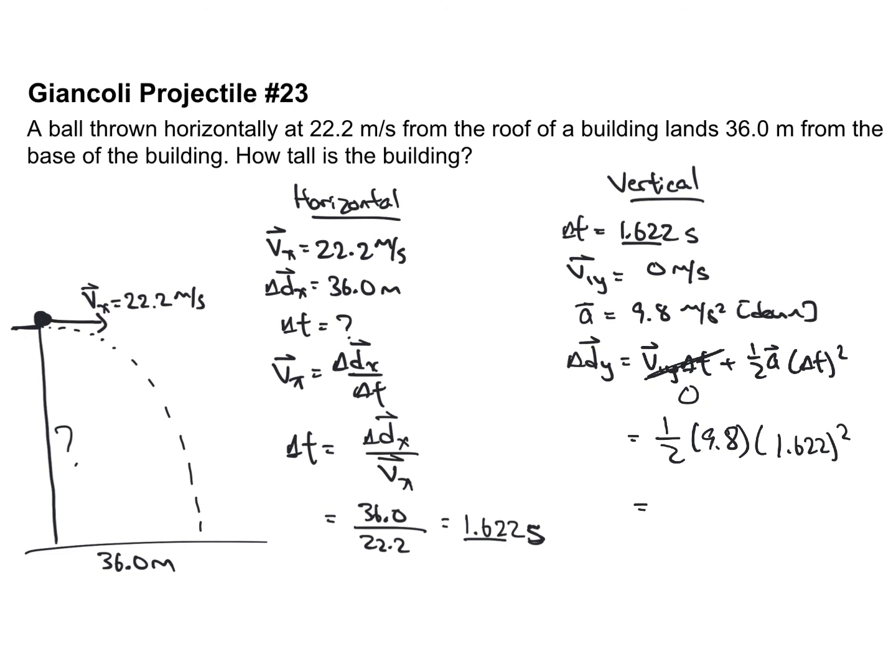I'll hit squared, multiply by 9.8, divided by 2, giving me 12.9, or rounded to 2 sig figs, 13 meters down. 2 sig figs because 9.8 only had 2 sig figs. Okay, so that's the y displacement. That's basically the height. Okay, the building is 13 meters tall.